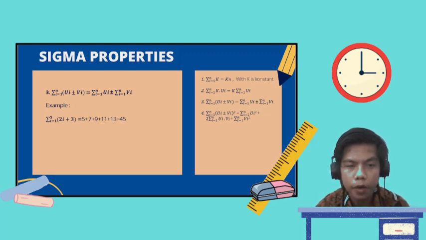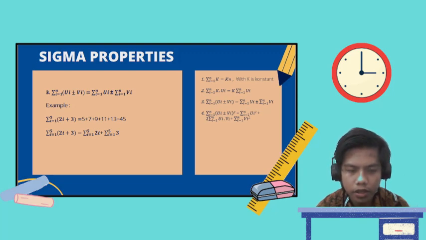And with this property, sigma i equals 1 to 5 of (2 times i plus 3) equals sigma i equals 1 to 5 of 2 times i plus sigma i equals 1 to 5 of 3.